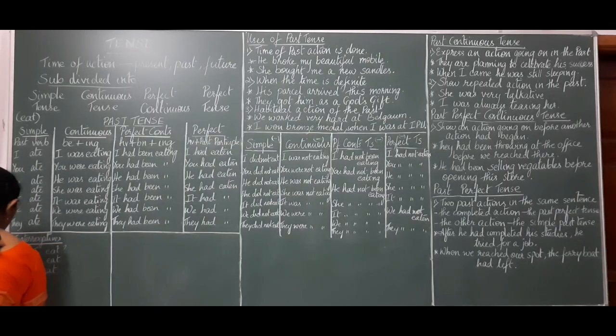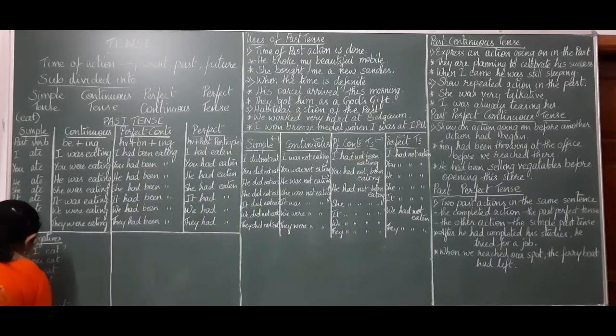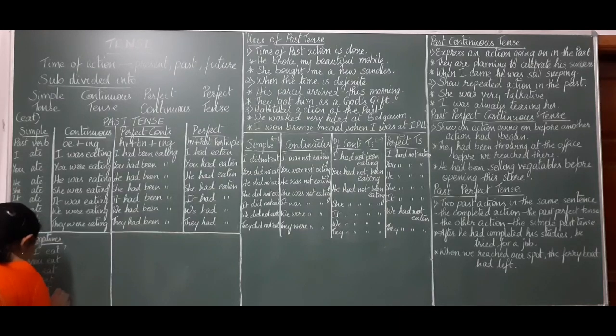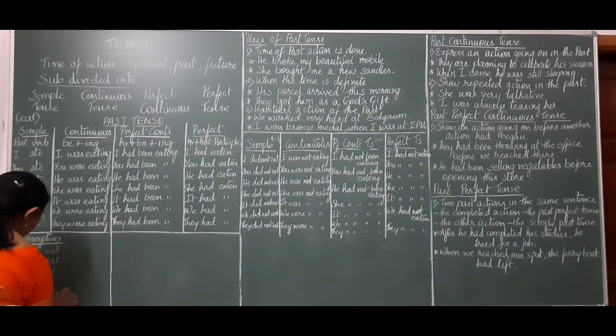Did she eat? Did it eat? And the third person in the plural form, did they eat? Did we eat? All take a question mark as they are interrogatives.